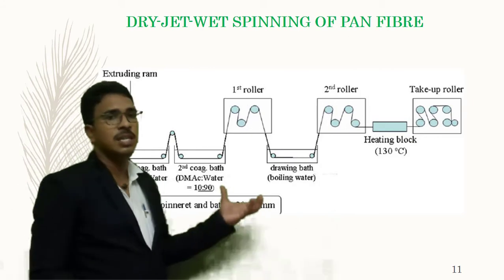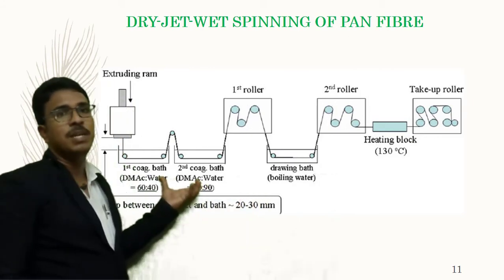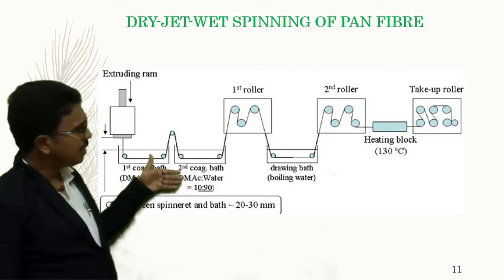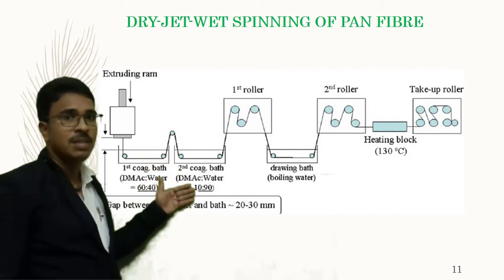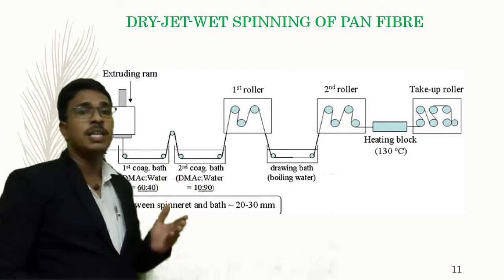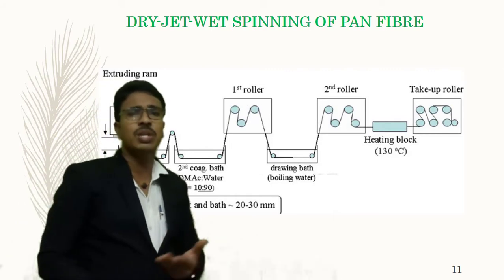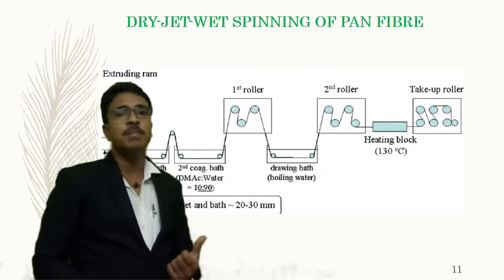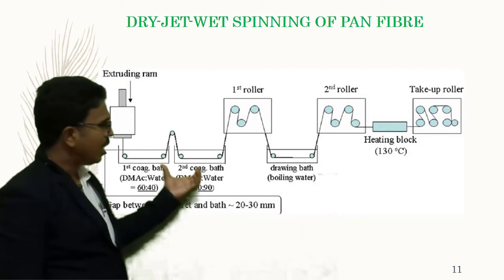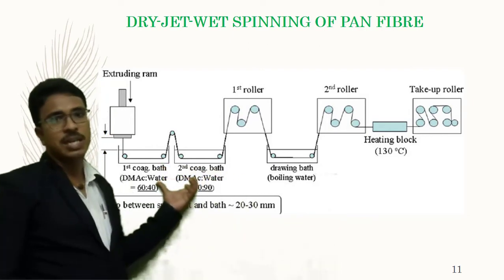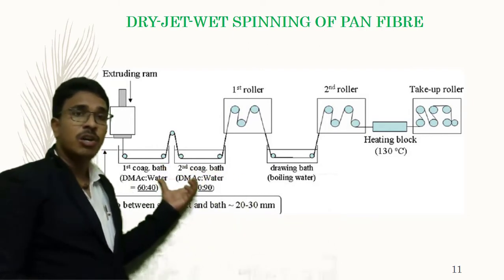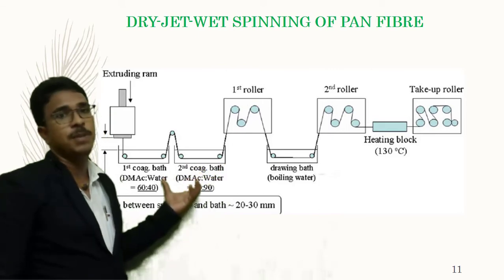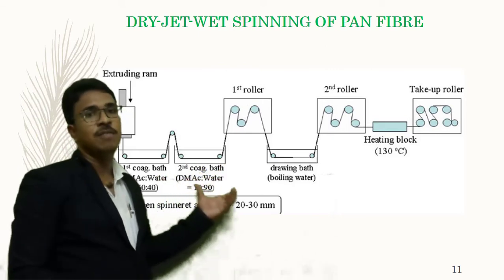So here you can see the gap between the spinneret and the coagulation bath, which is approximately 20 to 30 mm, that is, 2 to 3 centimeters, that we are maintaining. Also, you can see two coagulation baths we are using in order to get the complete precipitation of solvent from the filaments.